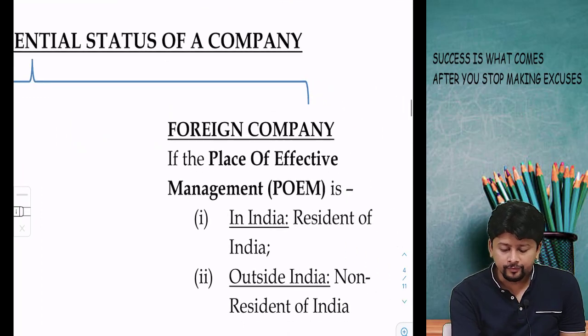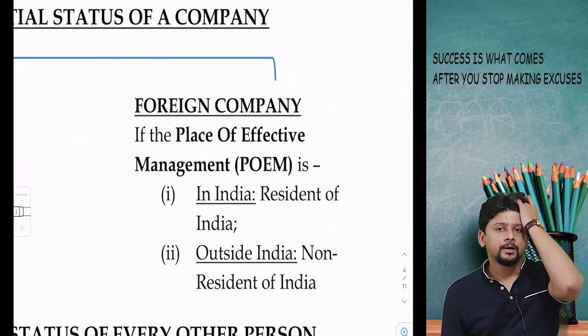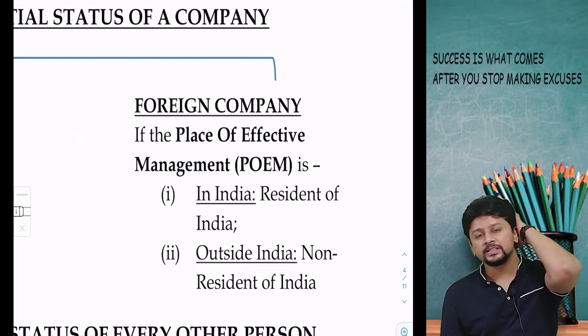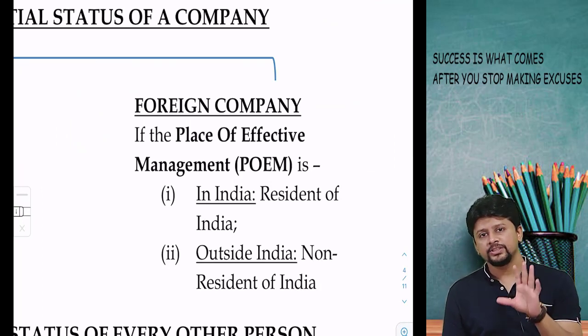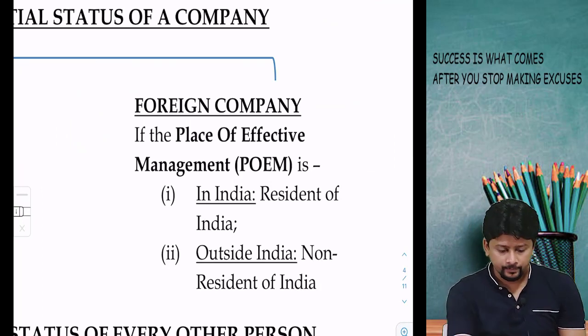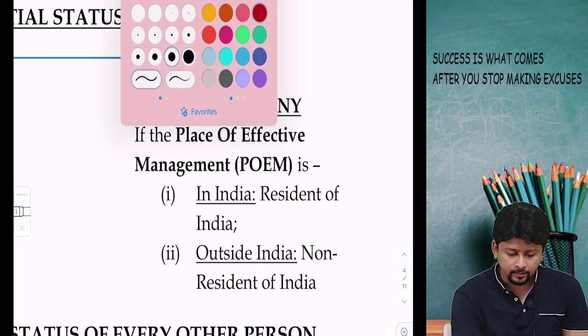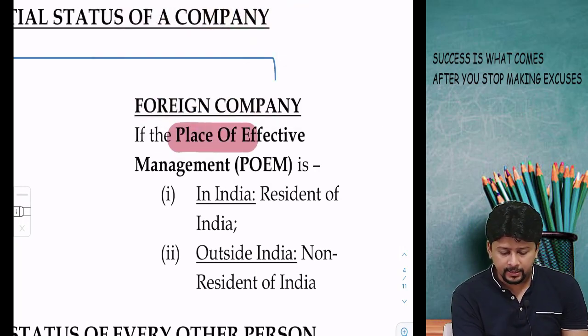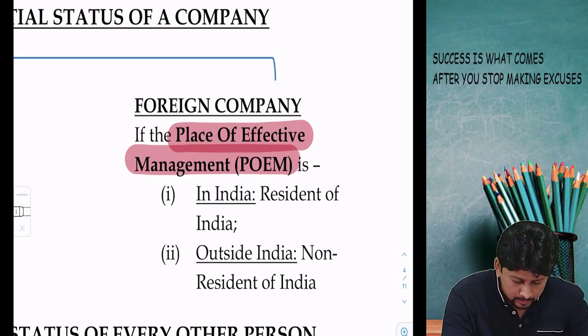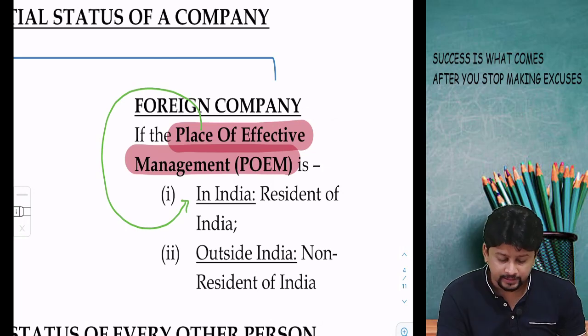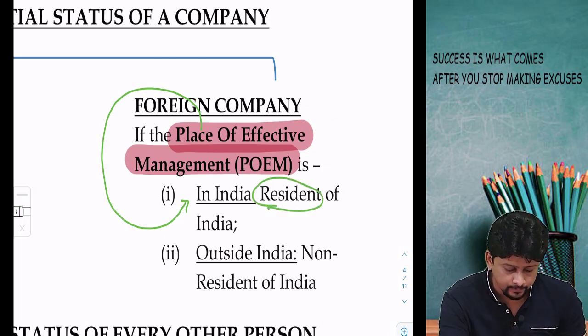If you are a foreign company, this is discussed in depth at CA final level. At CA inter level, all that you need to know is just the concept and the terminology. If you are a foreign company, then if the place of effective management is in India, then the foreign company is a resident.